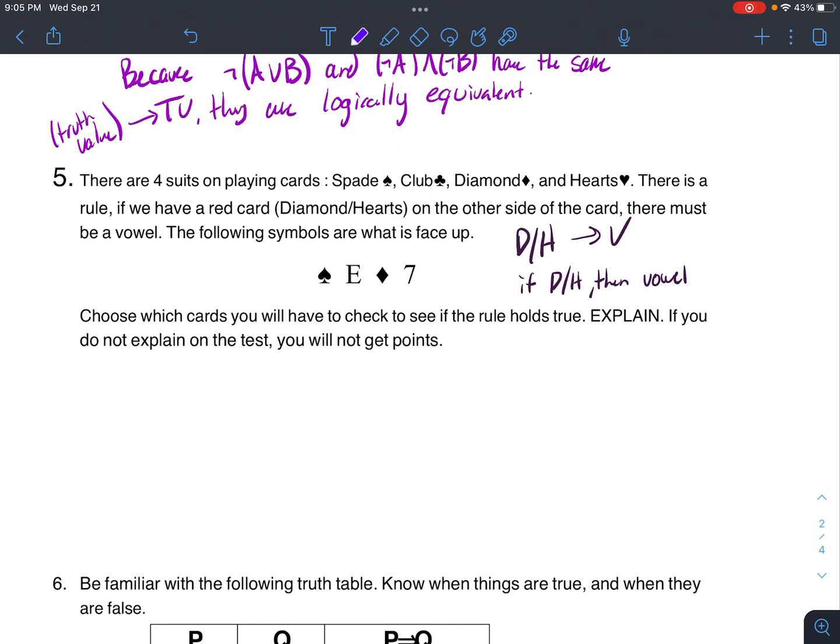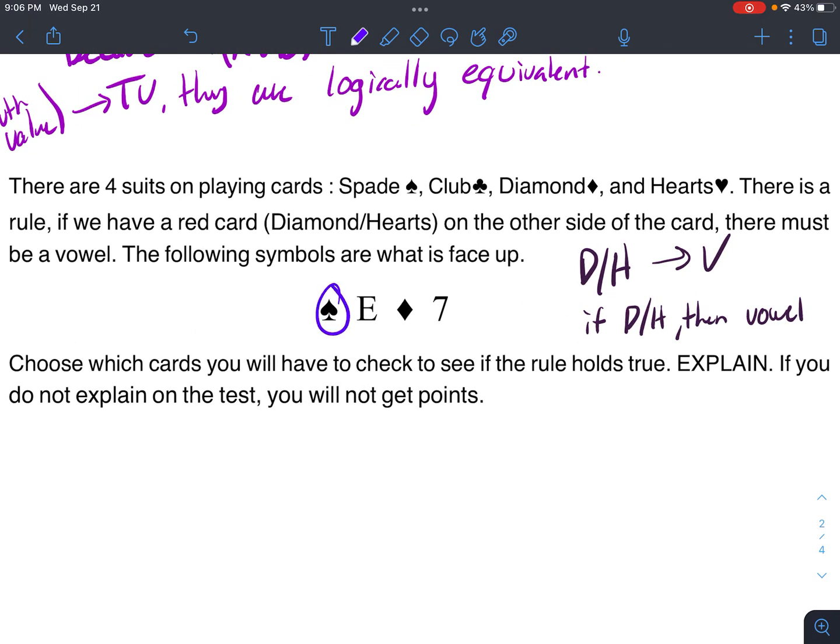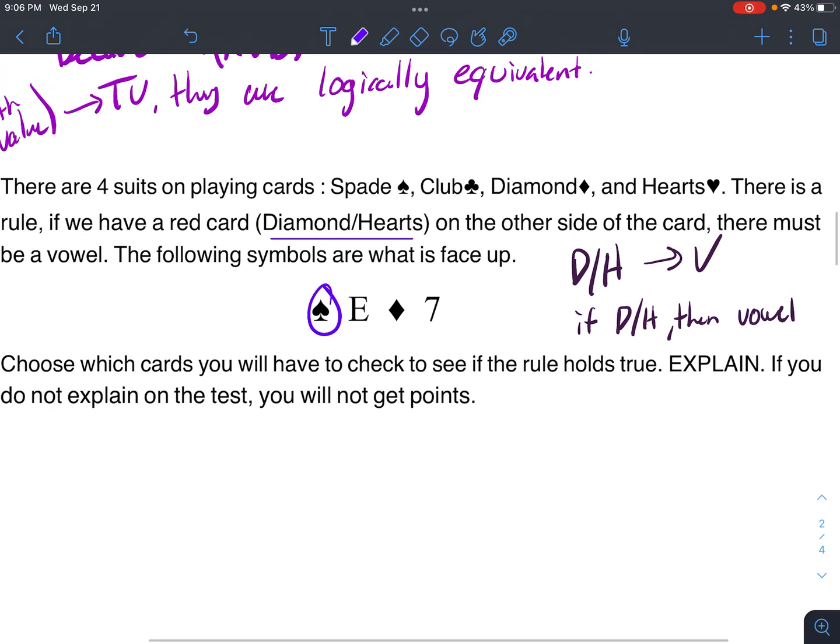So now I ask, which cards do we have to check to see if the rule holds? Let's exhaustively go through this list. First things first, I have a spade. My rule talks about diamonds and hearts. So it does not matter what's on the other side of a spade. Doesn't matter. So we do not have to check this.